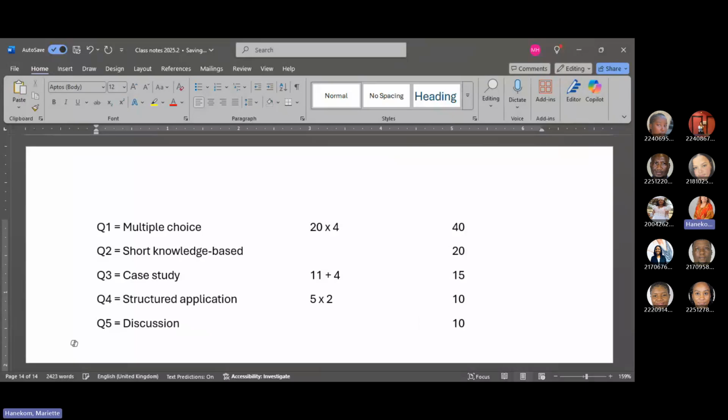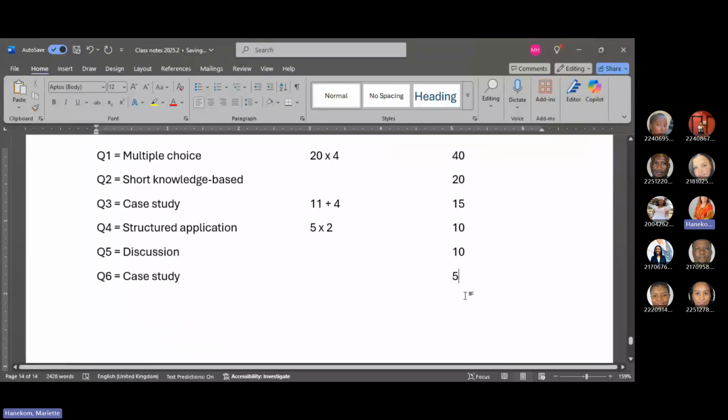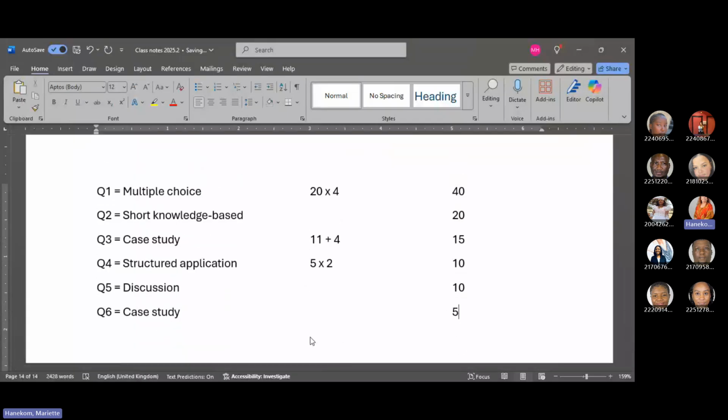Ten marks. And then question 6 is a case study for 5 marks only. So that gives us 40, 50, 60, 75, 85, 95, 100 marks. That is the layout of your examination.